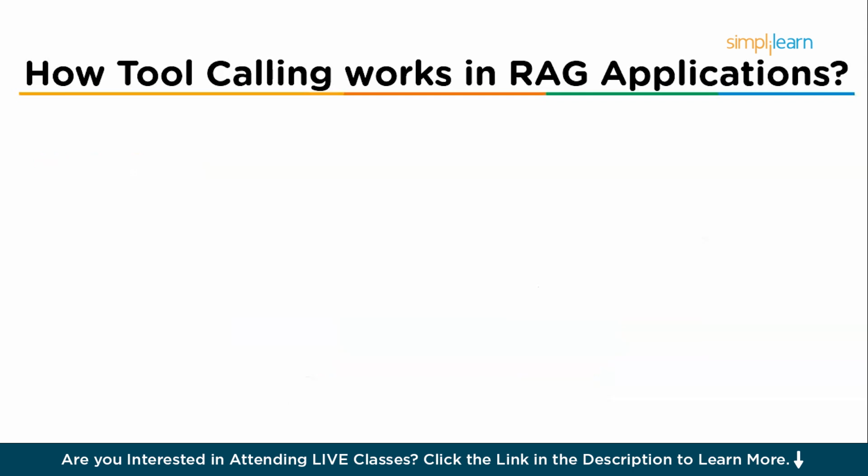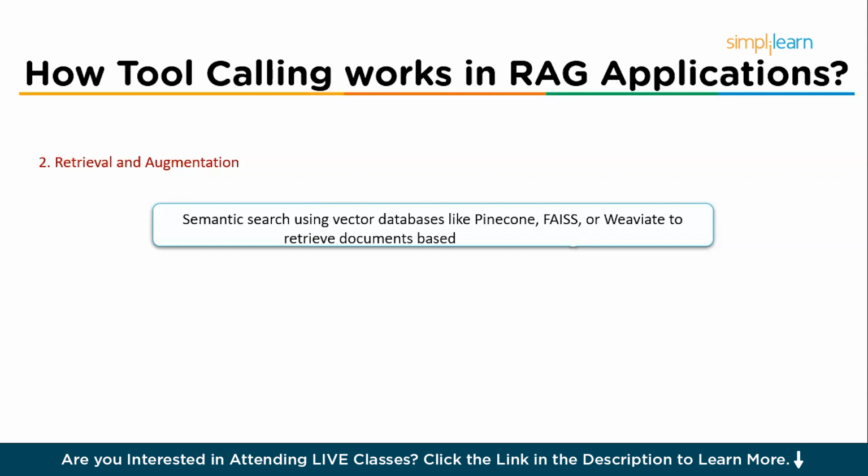Next we have retrieval and augmentation. Once the system decides external data is needed, it chooses the appropriate retrieval mechanism. The common approaches include semantic search using vector databases like Pinecone, FAISS, or Weaviate to retrieve documents based on their meaning.